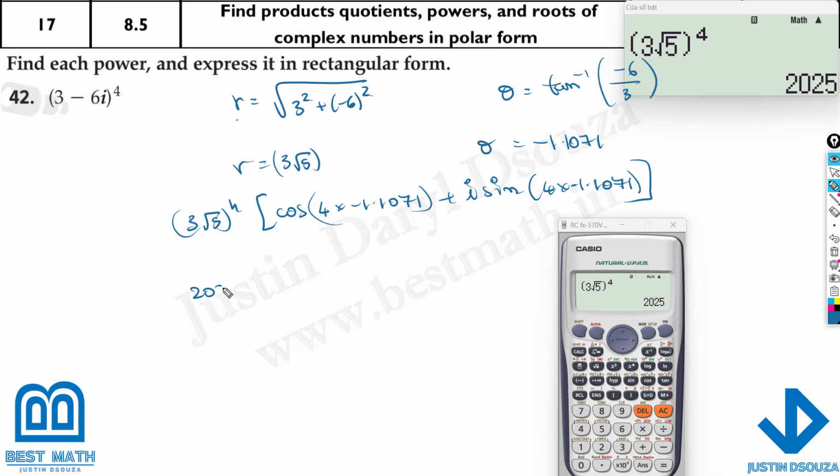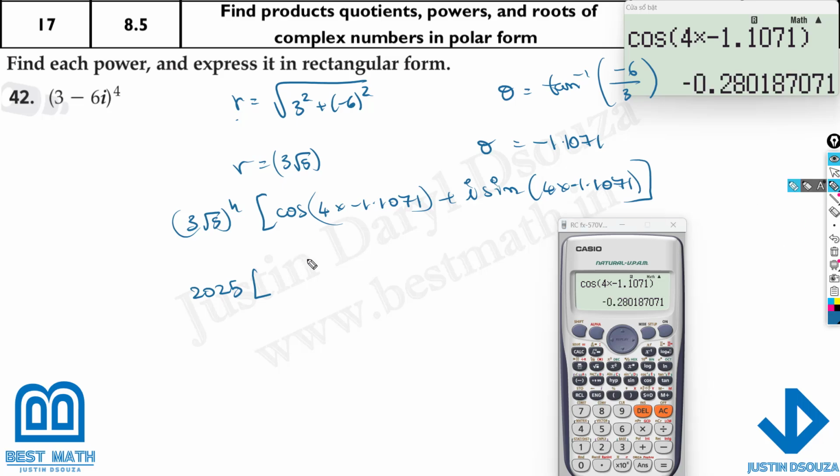Here this is 2025. And cosine 4 times minus 1.1071, that is minus 0.2802. And what about the next one?